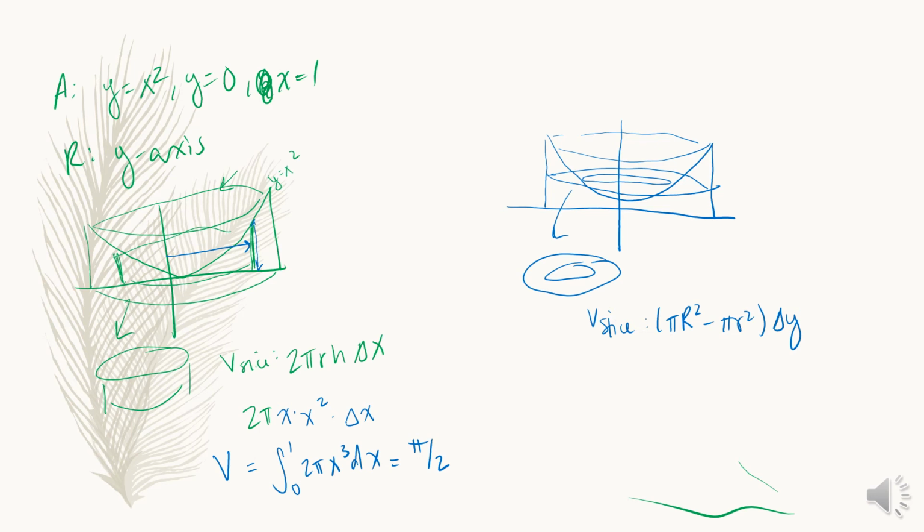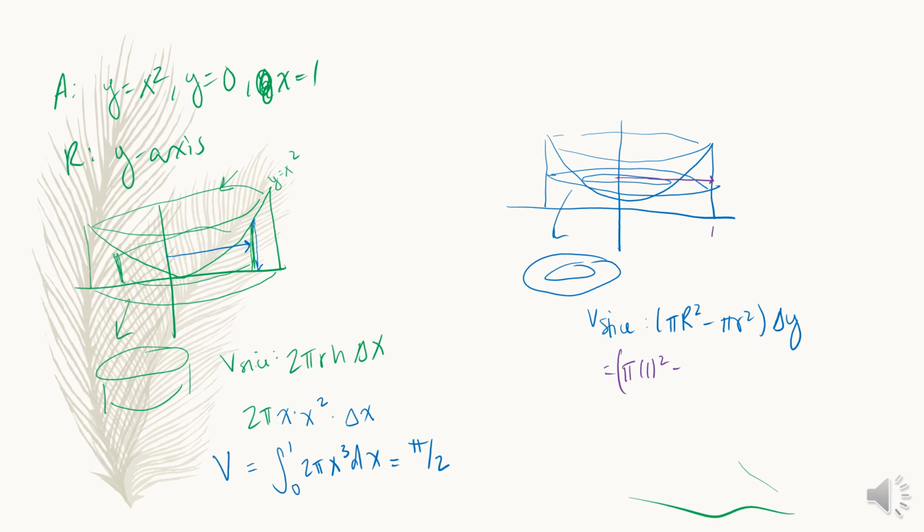So in my picture, let me change colors so we can do the big radius. My big radius is from the y-axis all the way out to that line, and that line was where x equaled 1. So it looks like the volume of a slice is pi times 1 squared minus, and then we need to figure out our little radius.